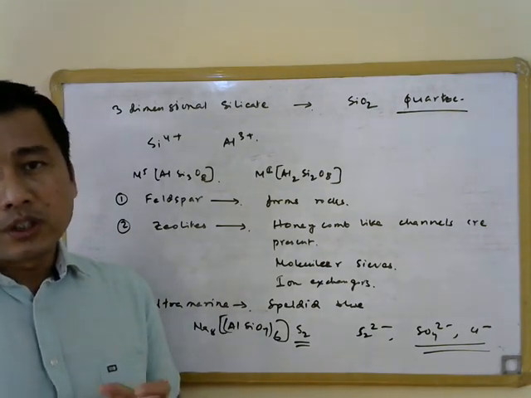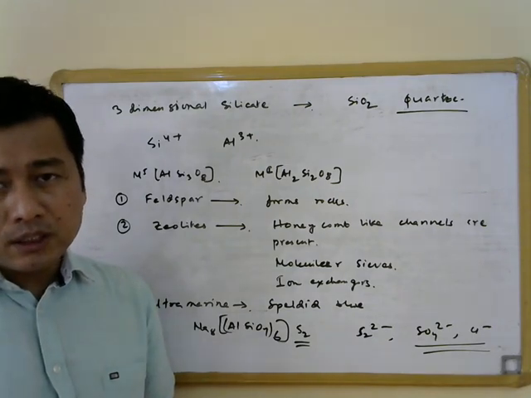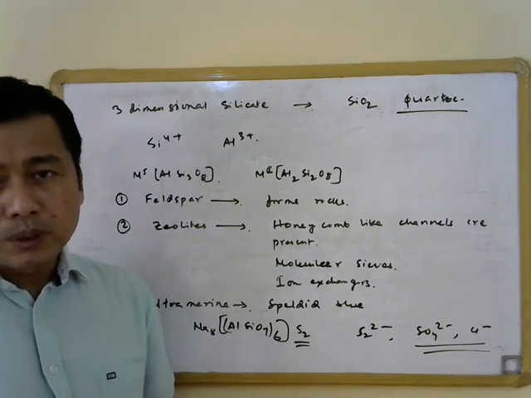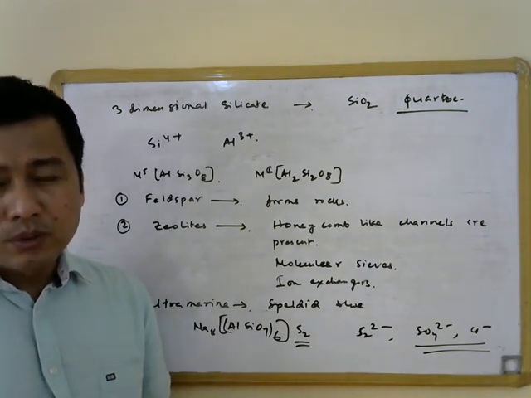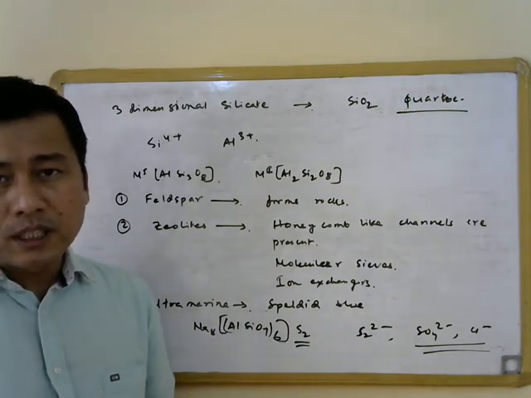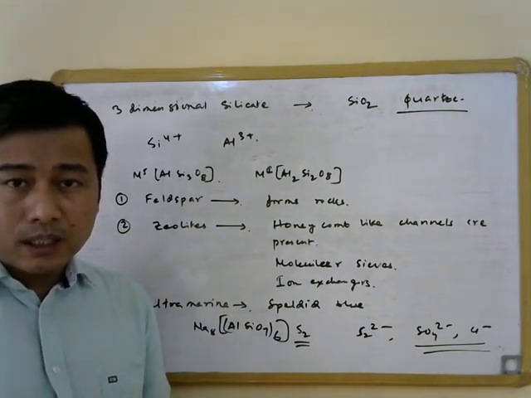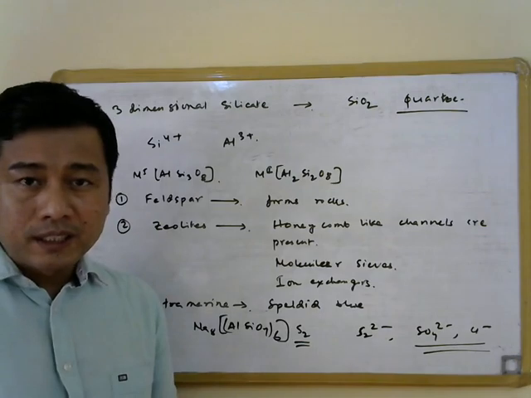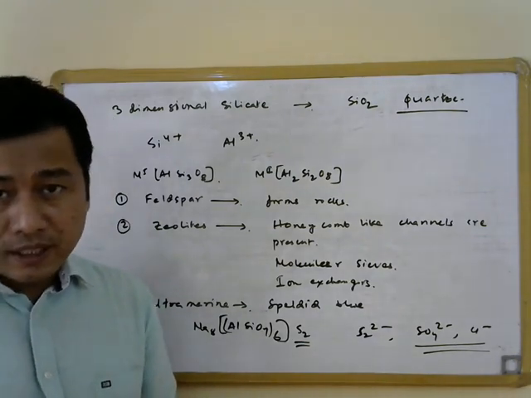Then finally we have discussed what kind of 3-dimensional structures are formed when all 4 oxygen atoms of SiO4 tetrahedra are shared. The most simple silicate mineral that is formed when all 4 oxygen atoms are shared is SiO2, where there are no metal ions, but isomorphous replacement of the silicon atoms with aluminium leads to formation of an anionic framework.